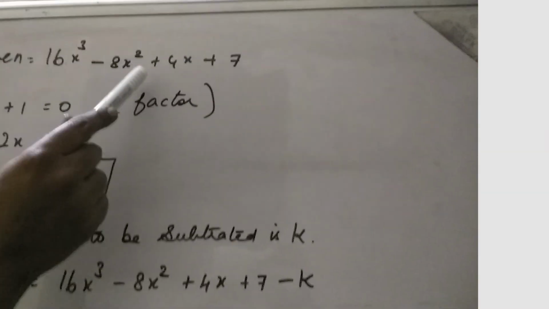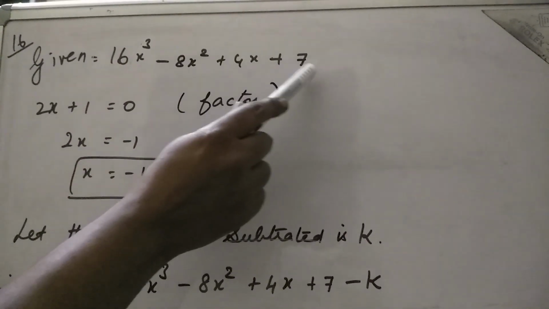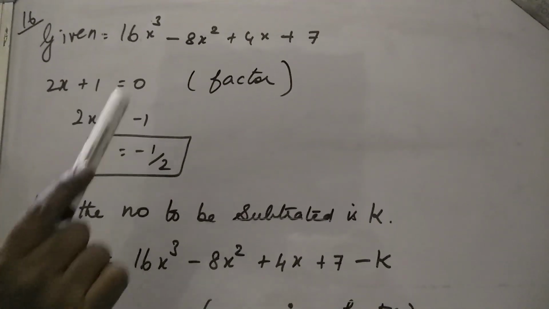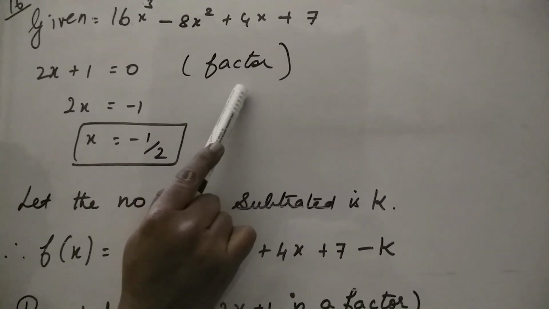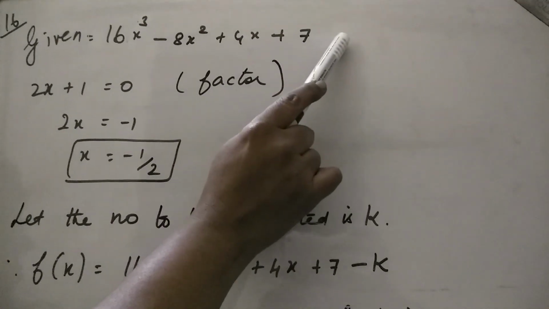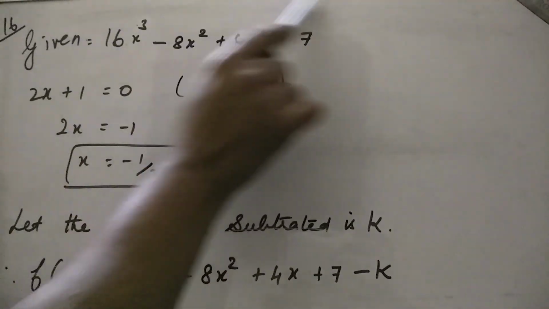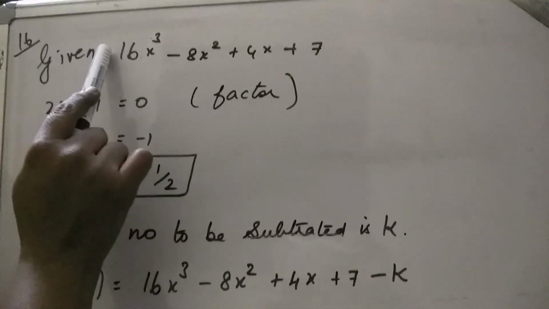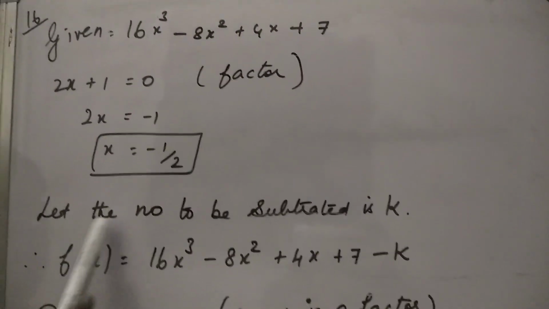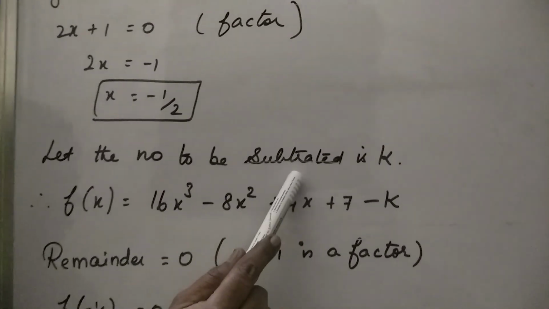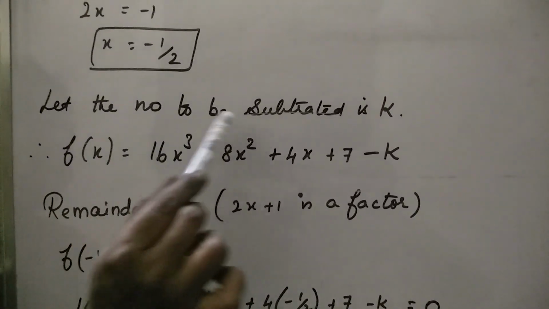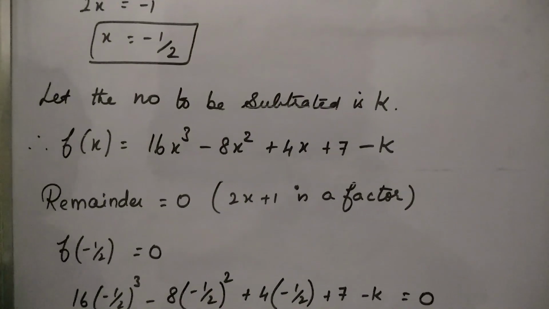x cube minus 8x squared plus 4x plus 7. And they said 2x plus 1 will become a factor if some value is subtracted from this expression. So which value we have to subtract, we don't know. Let us take that number to be subtracted as k.